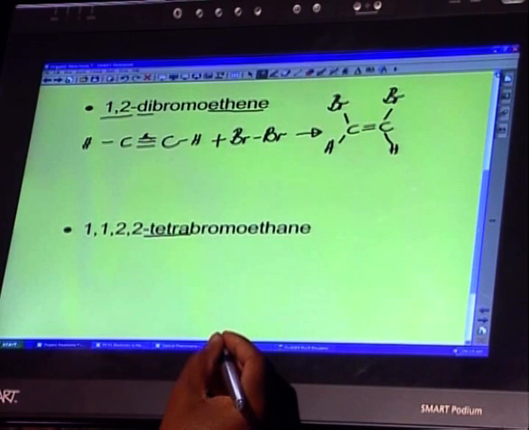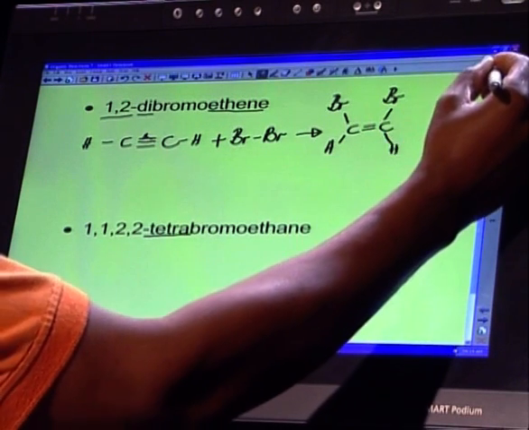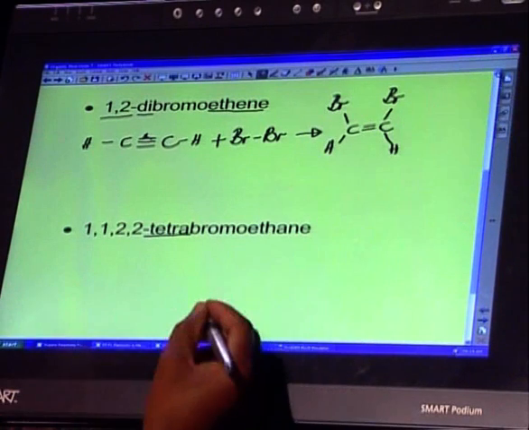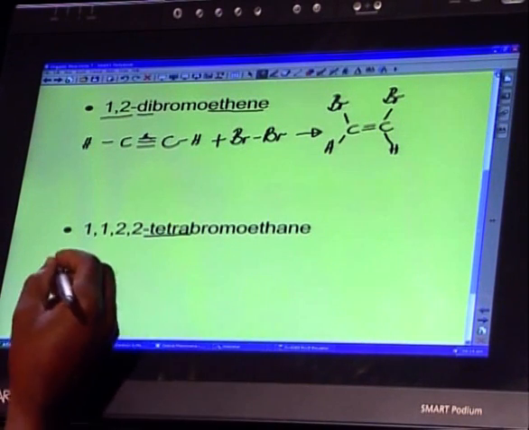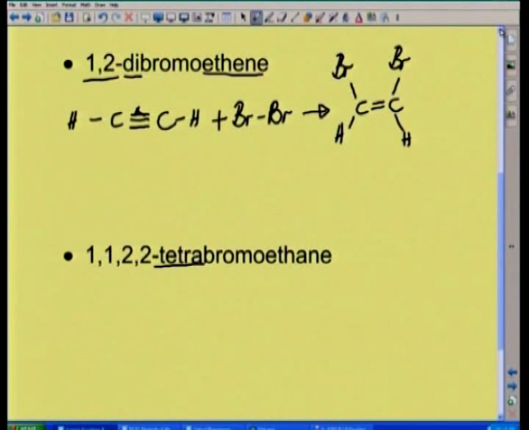Okay, it surely should be coming from a dibromoethene. So dibromoethene would be this, what we had earlier on. So there is the Br, there is the Br, and there is the H, there is the H.